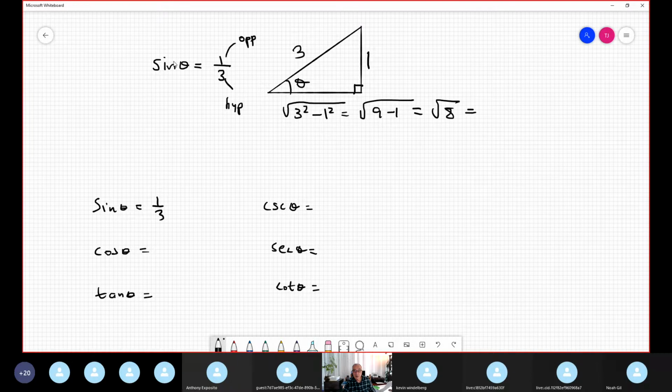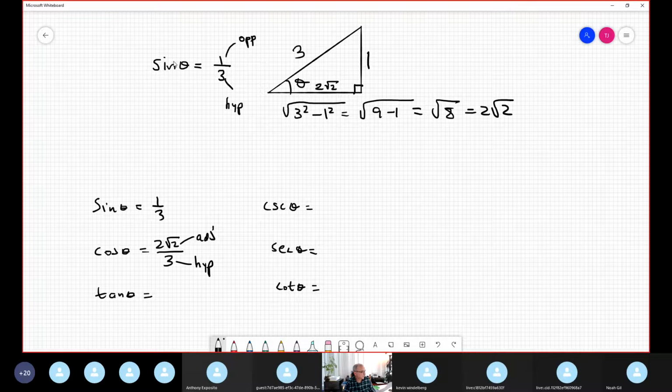Radical 8 is 2 radical 2. So this side is 2 radical 2. Cosine is 2 radical 2 over 3, adjacent over hypotenuse.